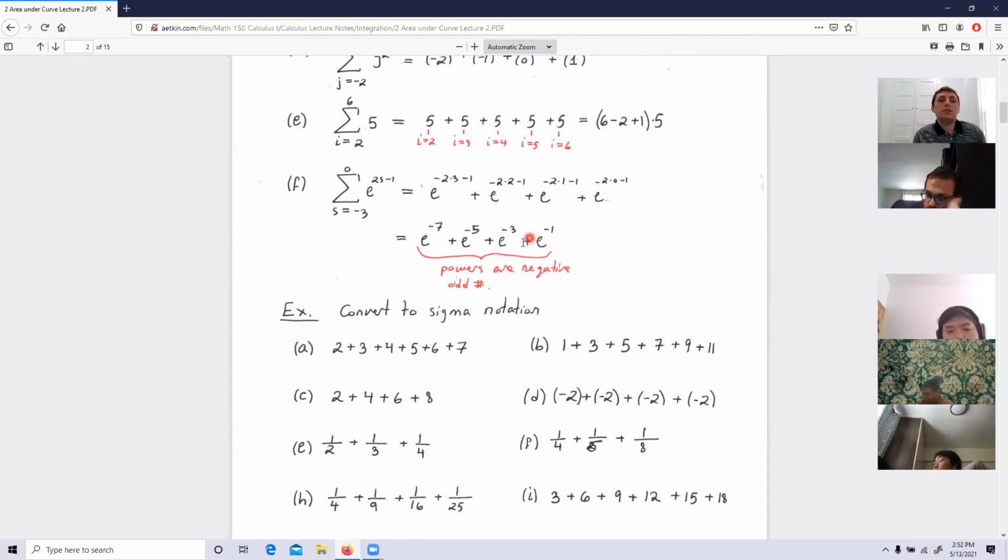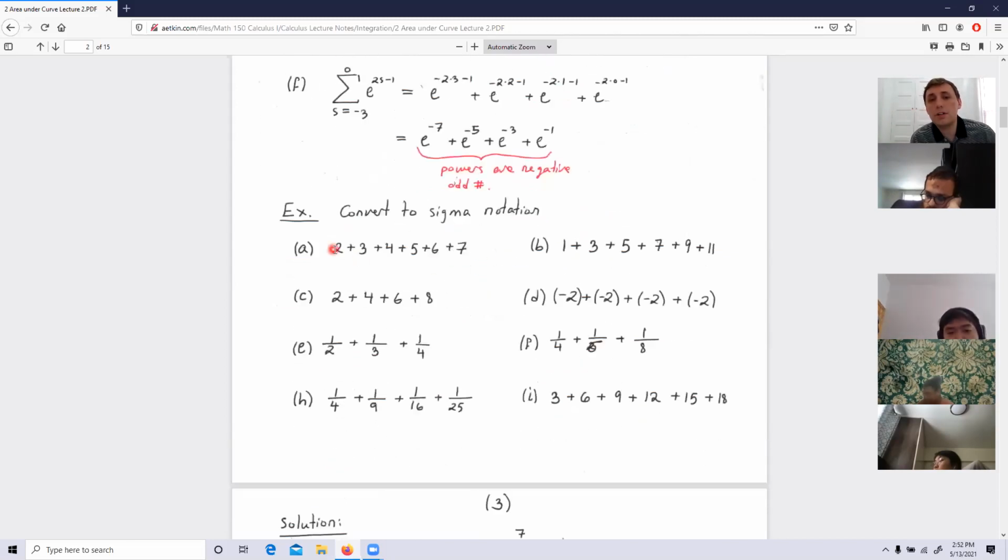Now, how do I convert into sigma notation if I have this addition? 2 plus 3 plus 4 plus 5 plus 6 plus 7. In your text message, guys, you can say something like S for sigma, and then you can tell me, let's say something like k equal to something, then comma, last thing that k equals to.